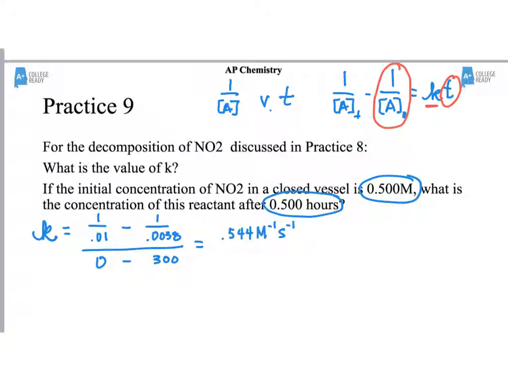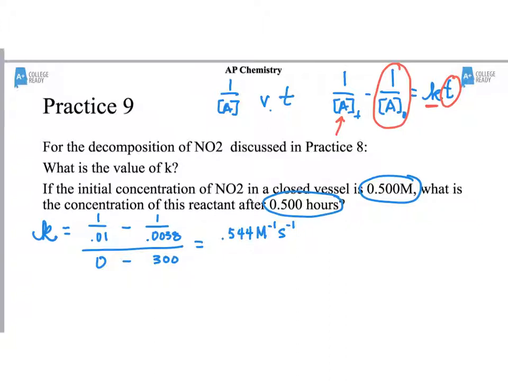If we know those three things, we are going to be able to find the concentration after a half an hour. Now watch out, because this is a little tricky, because they gave us our time in hours, and we're going to have to change that to seconds because our little k is in seconds. So we're going to have to do a little bit of converting and a little bit of plugging and chugging.